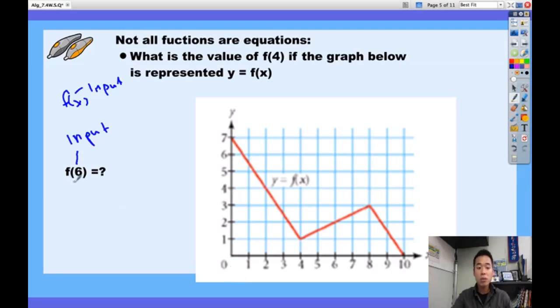So all I have to do is go to the x-axis and see where x is 6, go to get my output. My output is 2. So when I have f of 6, my output is 2. Remember that x, independent variable, and input all mean the same in this case.